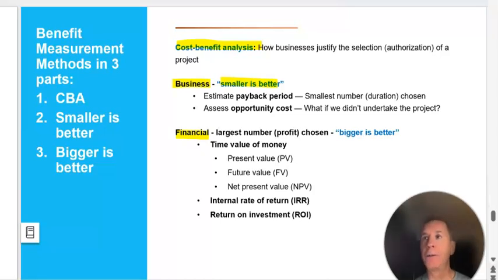If the company gives me $1 million to develop my product, they want their money back in a shorter period than longer. If they say, Andy, here's $1 million to develop your product, I need the payback period to be 6 months after launch, that's going to drive some of the decisions I make, a shorter payback period.